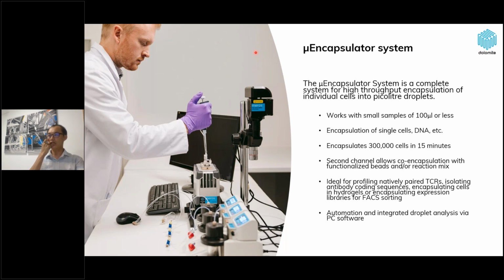It has a second channel that allows core encapsulation with functionalized reaction materials like hydrogels such as acrylamide or alginate. It is ideal for profiling natively paired TCRs, isolating antibody coding sequences, encapsulating cells in hydrogel, or encapsulating expression libraries for fast sorting.